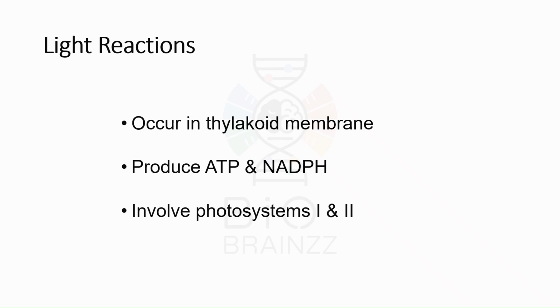Two important components involved are photosystem 1 and photosystem 2. These systems absorb light and help in electron transfer. Understanding the sequence of electron flow and role of these photosystems is very important for exams.